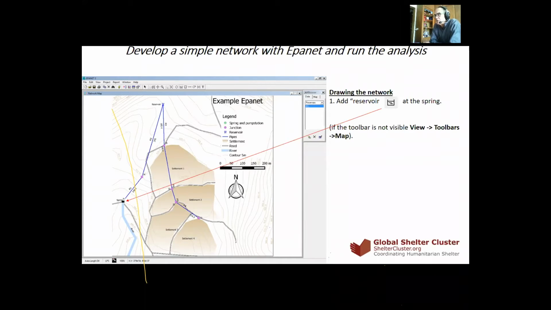Okay, so again, you develop your background map with GIS ideally, and when you do your background map, do not use imagery behind, because what you need is just to know where your junctions, reservoir, tank, and pipes are, and you don't need too much information on this background map.